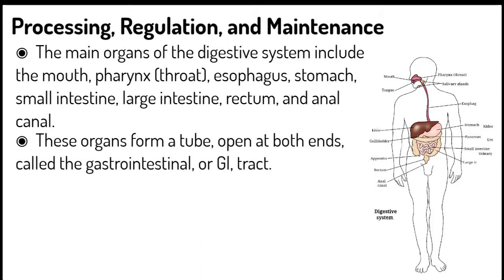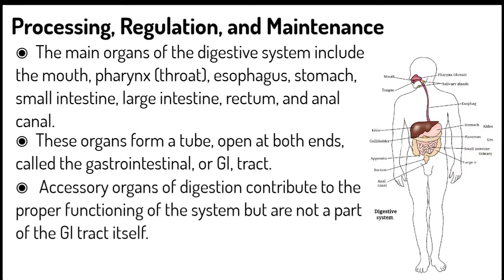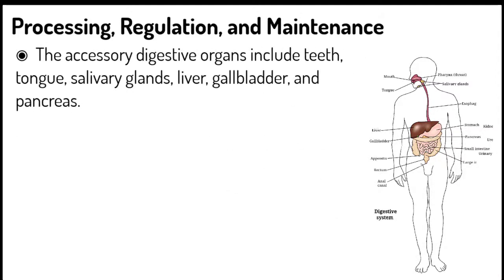These organs form a tube open at both ends called the gastrointestinal or GI tract. Accessory organs of digestion contribute to the proper functioning of the system but are not a part of the GI tract itself. The accessory digestive organs include teeth, tongue, salivary glands, liver, gallbladder, and pancreas.